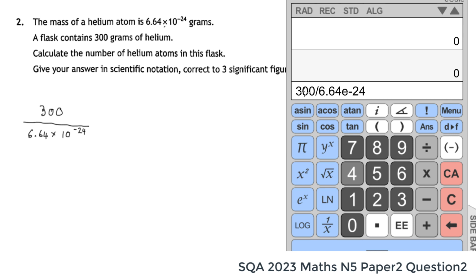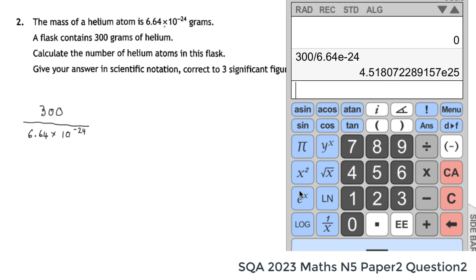So I've entered mine, 300 divided by 6.64 times 10 to the power negative 24. And that gives me this answer. So I'll put that part of it, and then the E, remember, means times 10 to the power, and in this case it's positive 25.